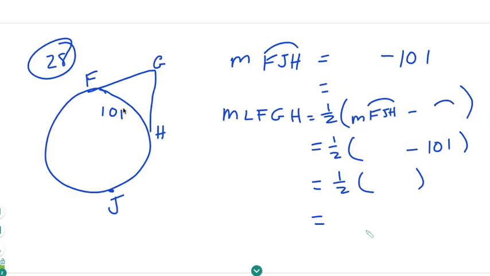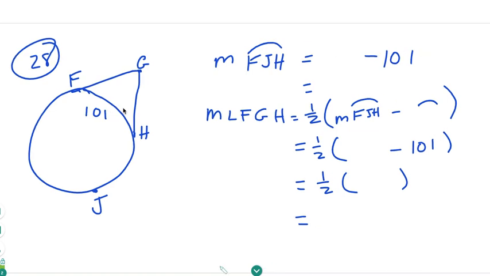Okay, now we have point G, which is equal distance from the circle to F and G. So FGH, arc FJH.